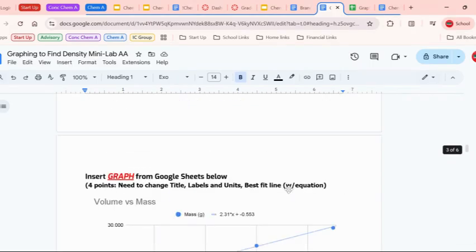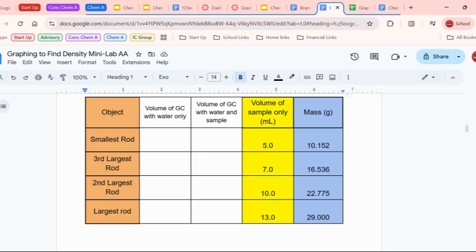Now if we go back and look at our numbers here, ladies and gentlemen, all of our masses are to 5 sig figs. But these two, the two smallest objects, the volumes are only to 2 sig figs. So when you divide these numbers, your density can only be to 2 sig figs. When we get into the two larger objects, their volume is over 10 milliliters, so that gives us 3 sig figs here.